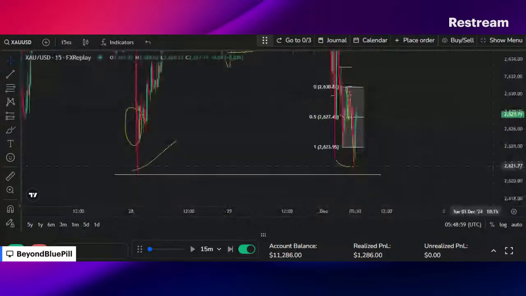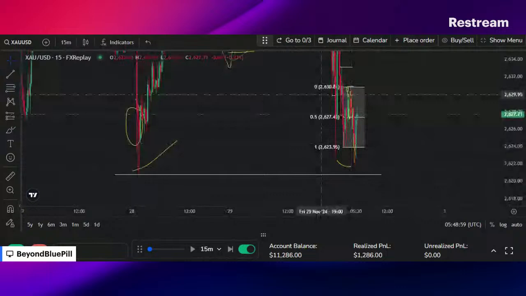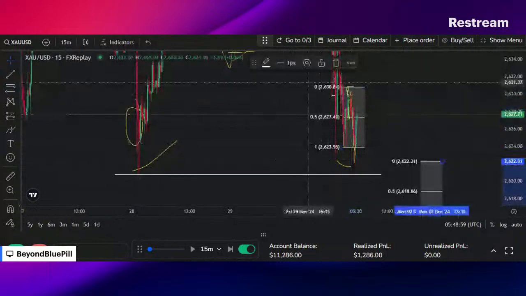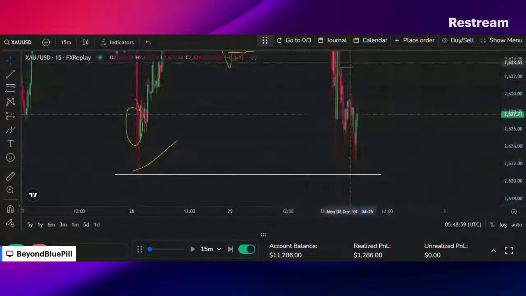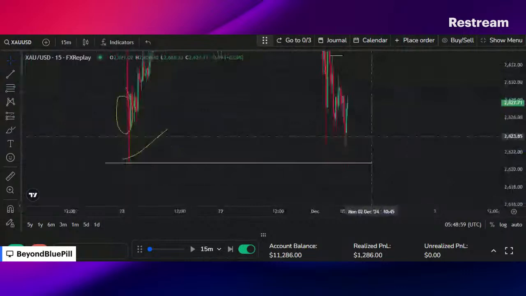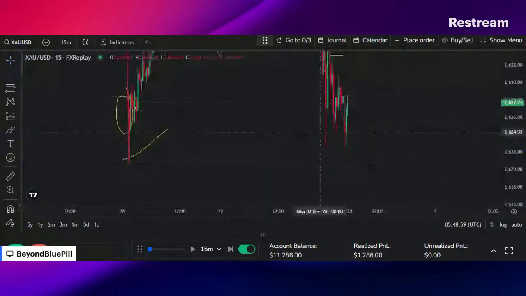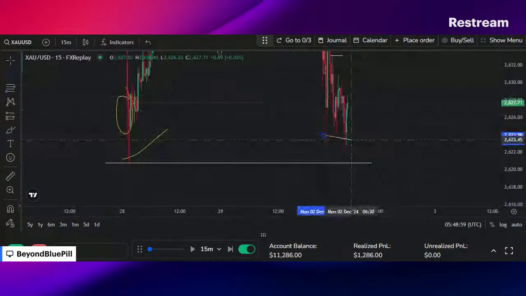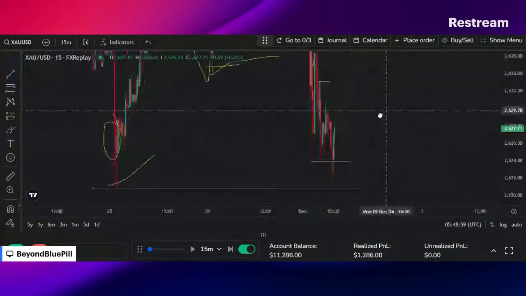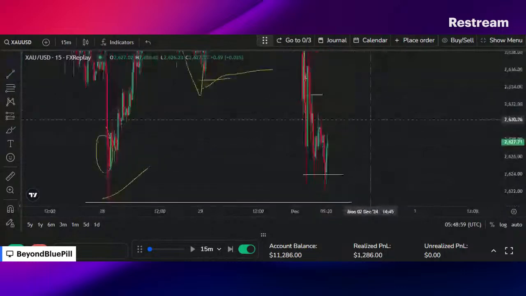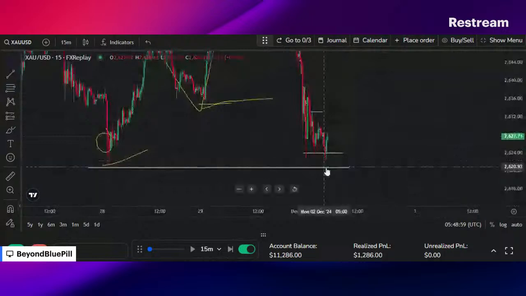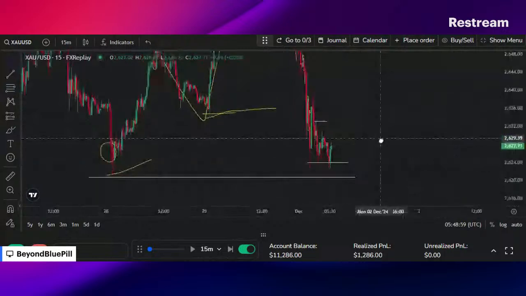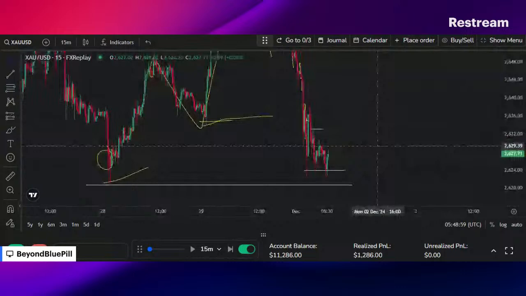We take the protected high. So according to how I trade, okay, it's a failure at the 15. Now it looks great. We fail at the 15, and right here we took that SNDR.